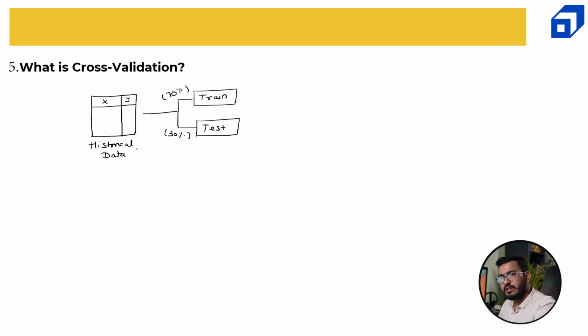I'm talking about a general workflow, a general pipeline. Then I use the train data and provide it to the machine learning algorithm. The algorithm will try to learn the pattern, the relationship between your independent and dependent variable, and it will finally return a model, the machine learning model.